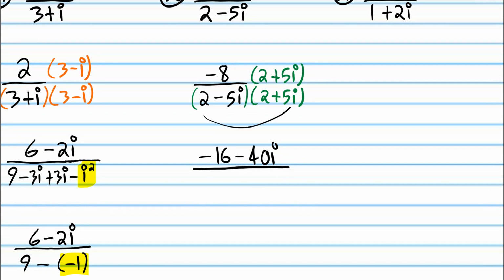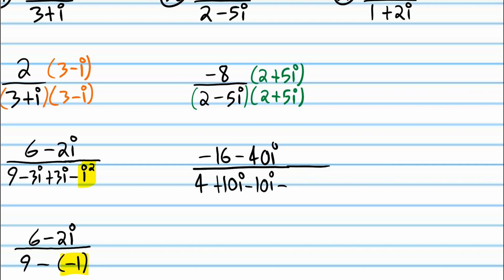And I'm going to use FOIL here. 2 times 2 is 4. 2 times 5i is 10i. Negative 5i times 2 is negative 10i. And negative 5i times 5i is negative 25i squared.